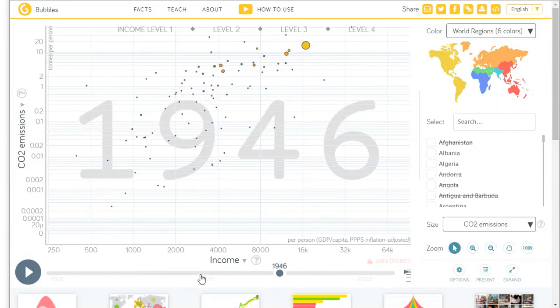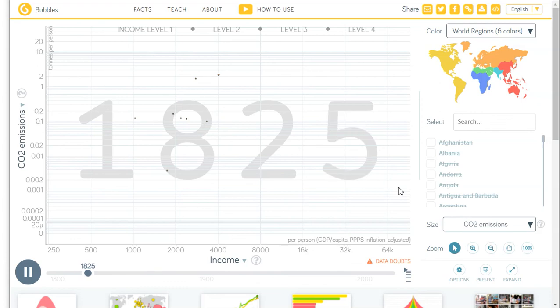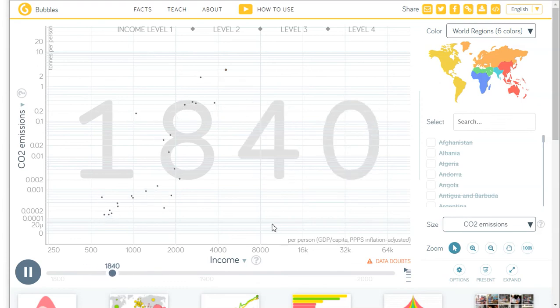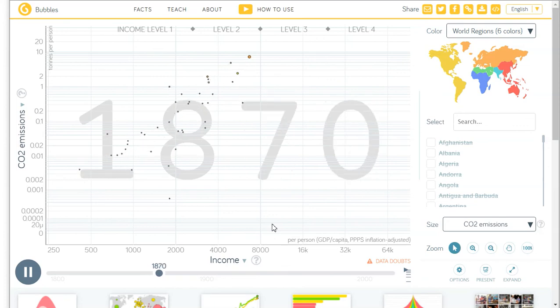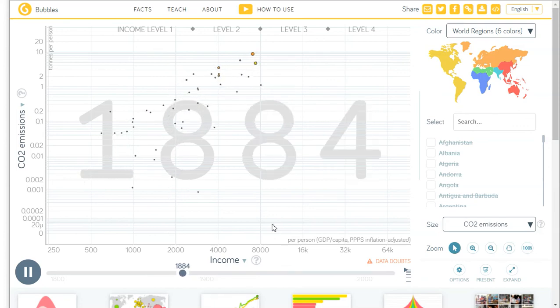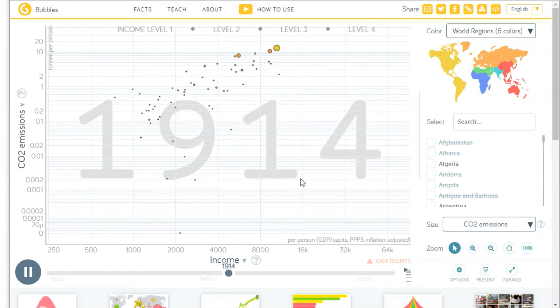Okay, so let's go back. So again, you can see that it looks linear. It's not linear, but it makes it look that way, and you can just see the relationship in the graph.